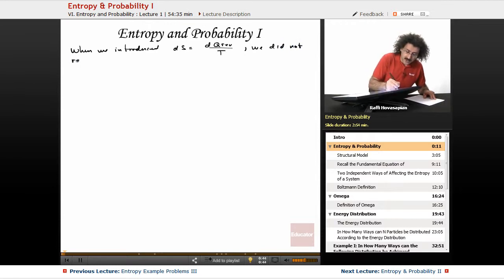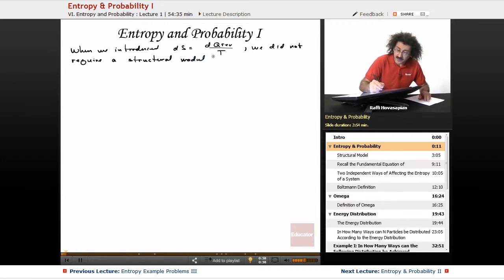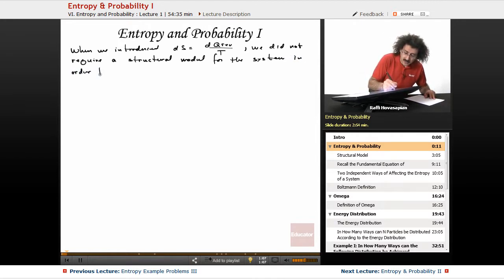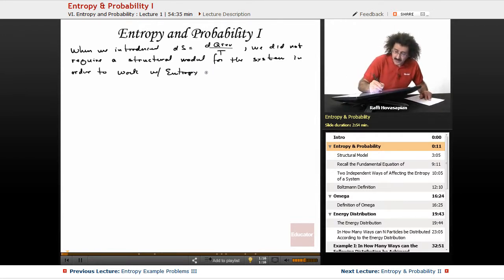We did not require a structural model for the system in order to work with this state function entropy or describe its behavior.